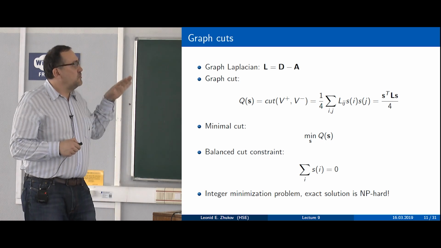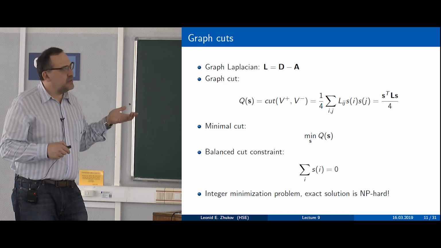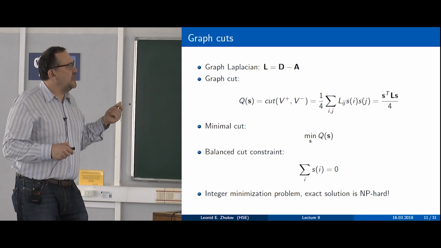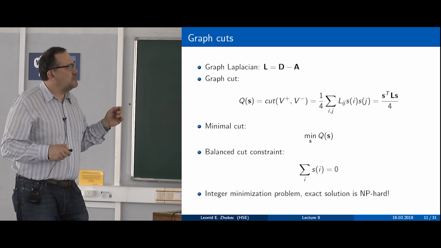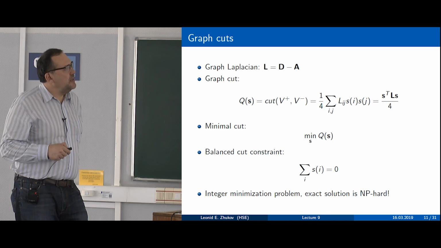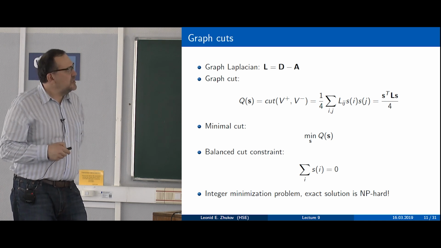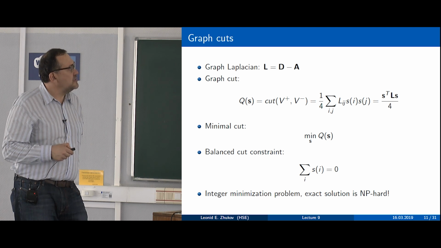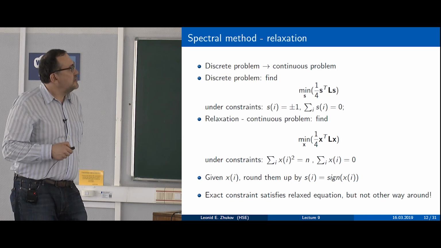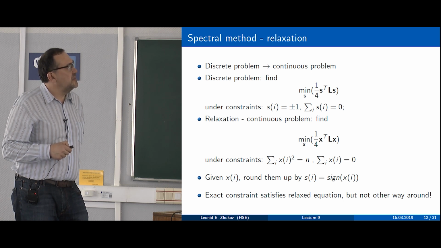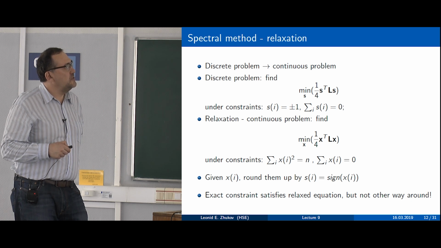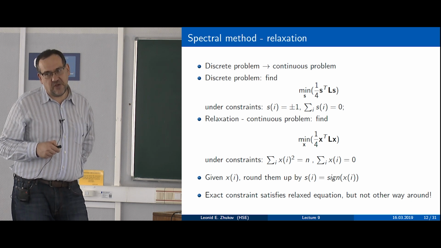And that's where the key idea came. This idea belongs to the Hungarian mathematician Fiedler, who proposed it in the 70s. The idea was the following. Let's look at this optimization problem, and instead of doing discrete optimization, where S can take only plus or minus 1 values, let's do an approximation.